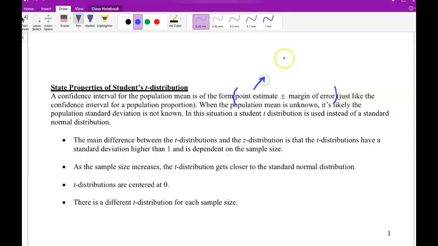Our mean is between the point estimate plus margin of error, and on this side minus E. The point estimate is X bar, and here is E. So we have X bar plus/minus E on these two sides.